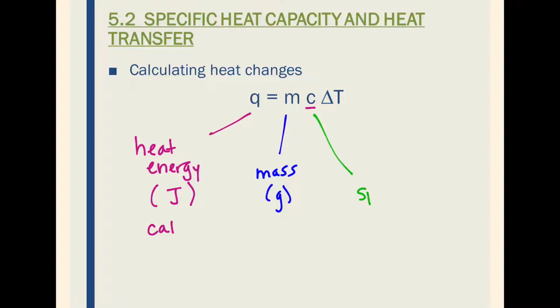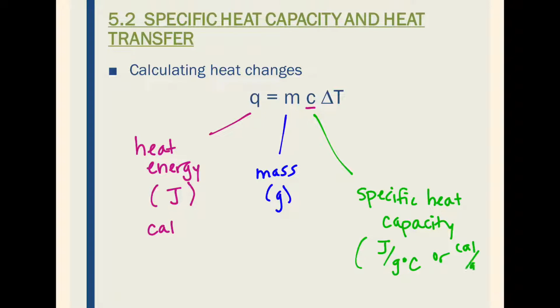C is our specific heat capacity, which sometimes you'll hear phrased just as specific heat, or specific heat capacity. And that has units of either joules per gram degree Celsius, or calories per gram degree Celsius. It just depends on the question. The important thing to note is that these energy units have to match up with these units here.